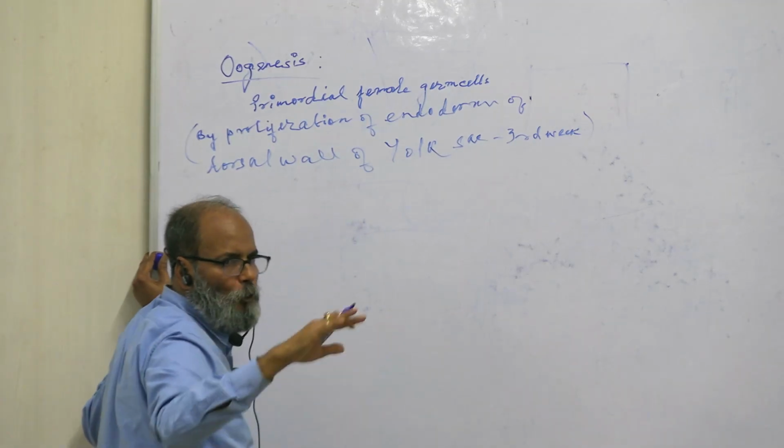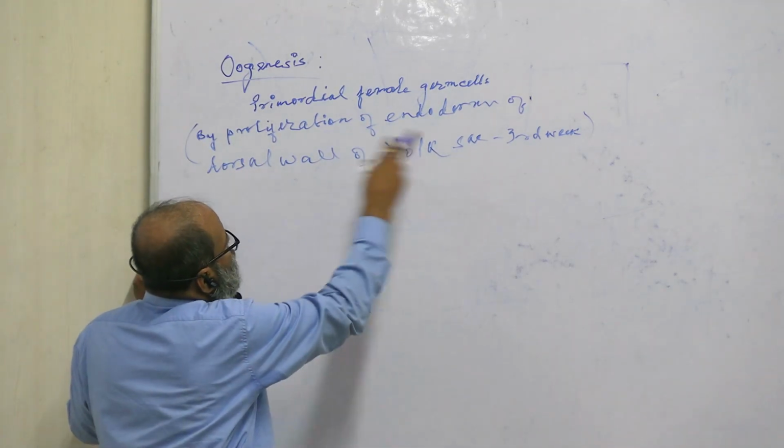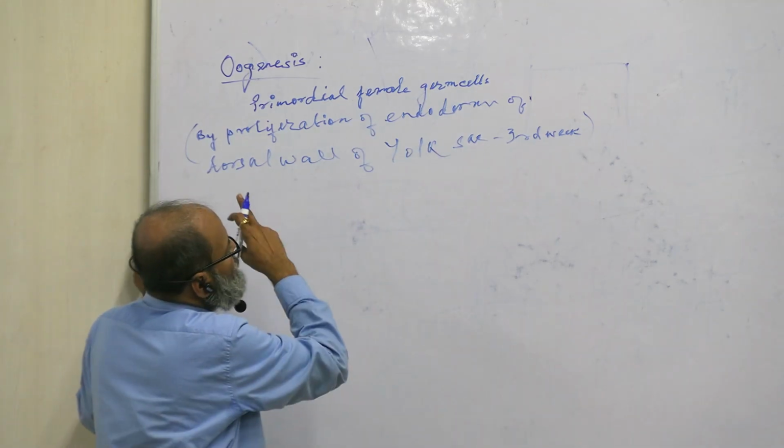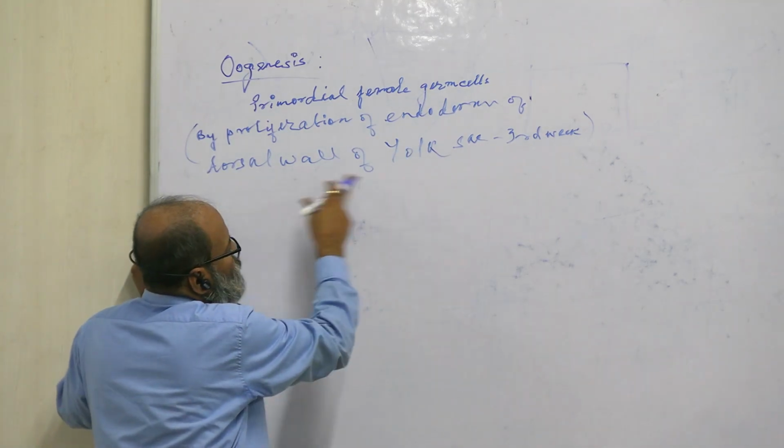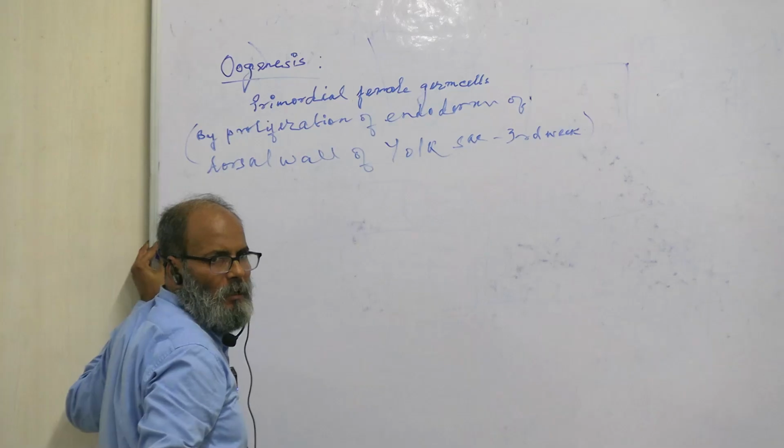So if you draw a flow chart, you start like this: primordial female germ cell by proliferation of endoderm of dorsal wall of yolk sac by third week, right?